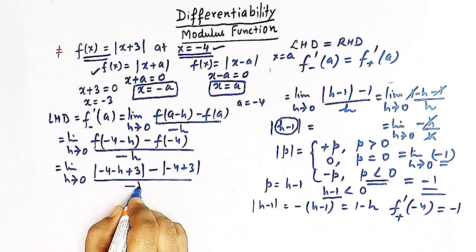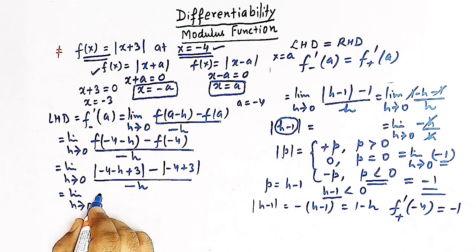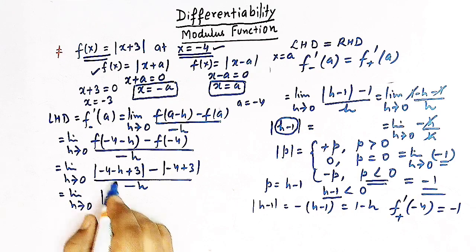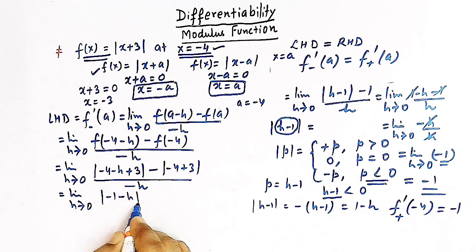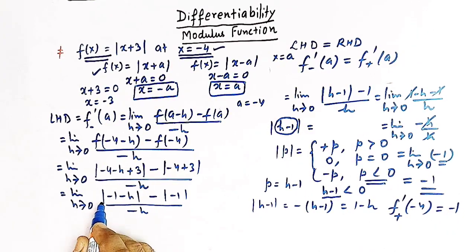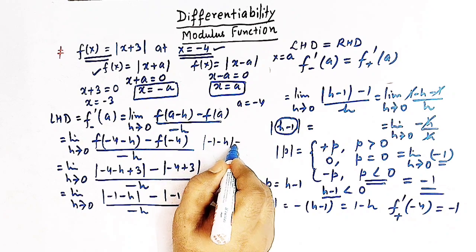And here we have minus h. So this is limit h tends to 0, and 3 minus 4 is minus 1. This is minus h, and here we have mod of minus 1, and this is minus h. So now here we have mod of minus 1 minus h, right?